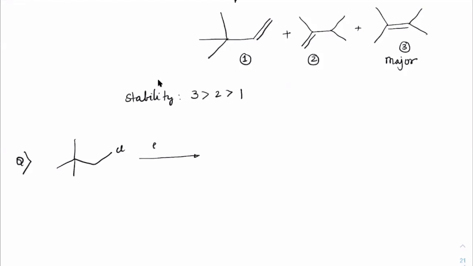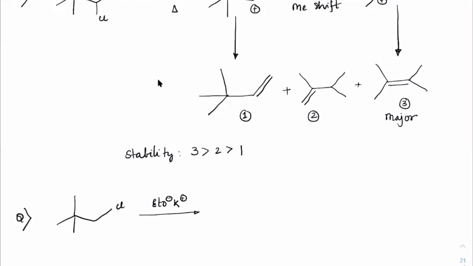Suppose I am taking EtO minus and K plus. EtO minus and K plus is a completely E2 mechanism condition, because E2 mechanisms require a strong base. If it requires a strong base, it will extract a proton from here, or it will try to extract the proton from here, but there is no proton here.